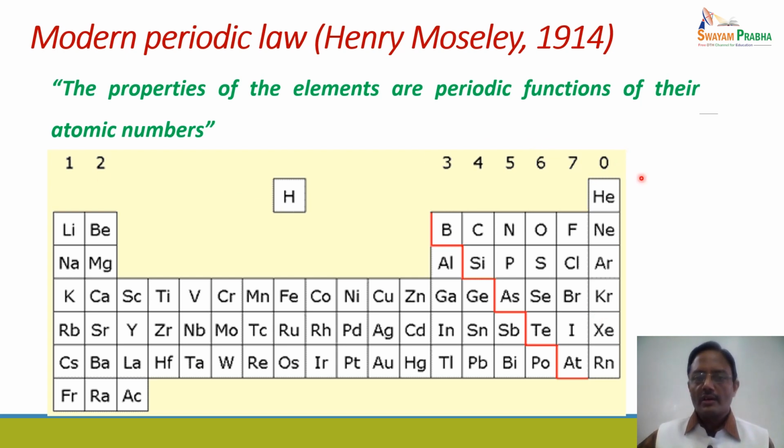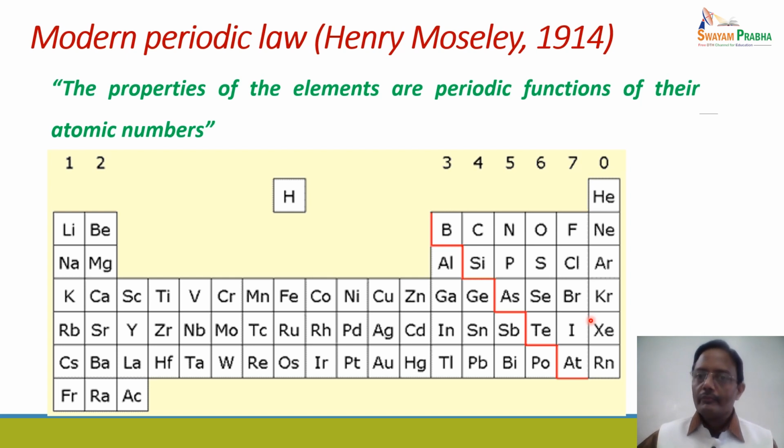So groups 1 to 7 and a zero group for the noble gases. Around 75 elements were arranged in a systematic manner, and all the discrepancies in Mendeleev's periodic table were completely removed in the modern periodic table put forward by Moseley.